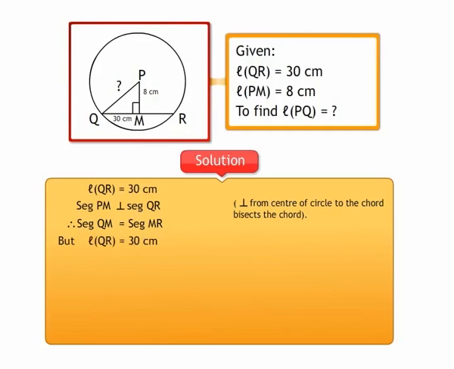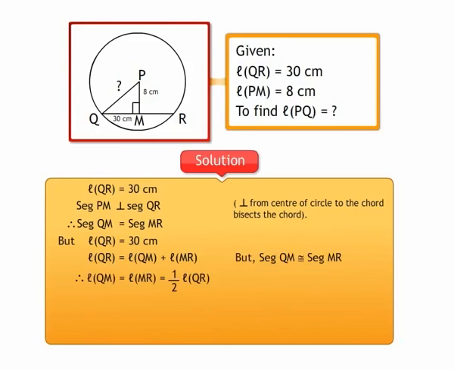Length of QR is equal to length of QM plus length of MR. But segment QM is congruent to segment MR. Therefore, length of QM is equal to length of MR, which is equal to half the length of QR. Therefore, length of QM is equal to length of MR is equal to half into 30, which is equal to 15 centimeters.